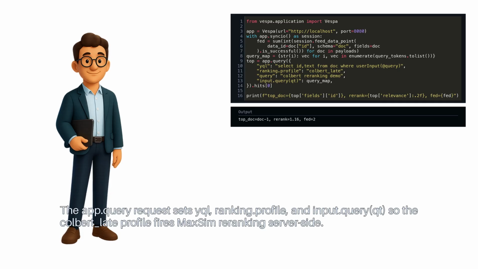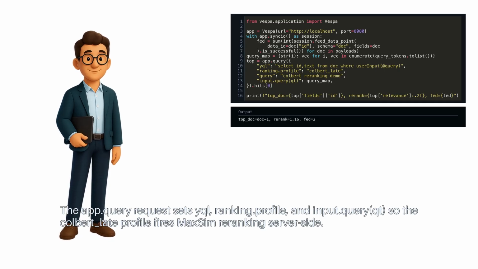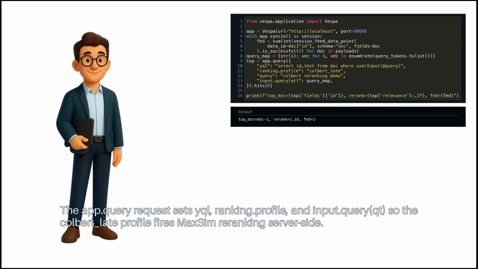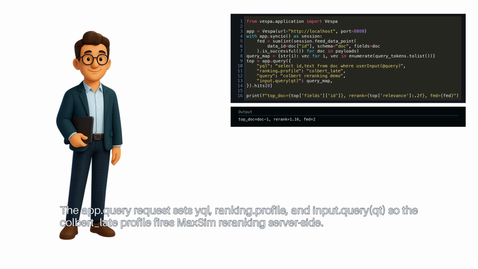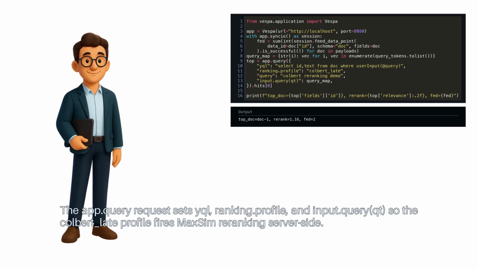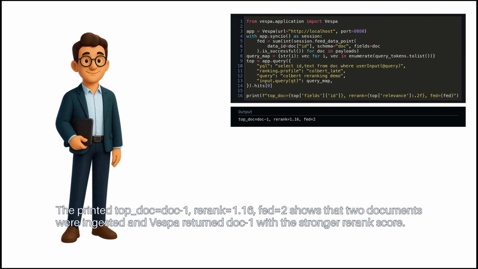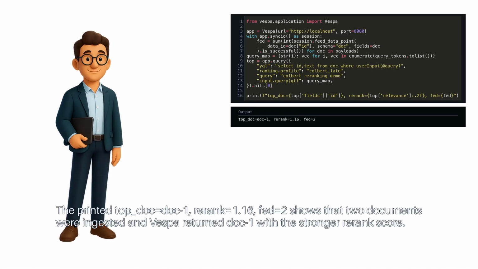The app.query request sets yql, ranking.profile, and input.query(qt), so the colbert_late profile fires MaxSim reranking server-side. The printed top doc is doc1, rerank is 1.16, fed is 2, shows that two documents were ingested, and Vespa returned doc1 with the stronger rerank score.